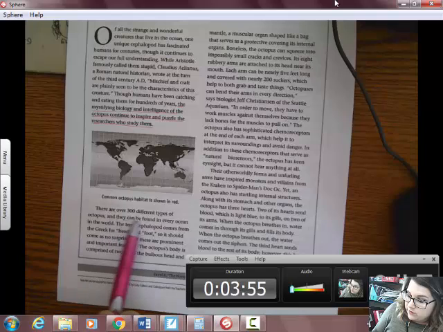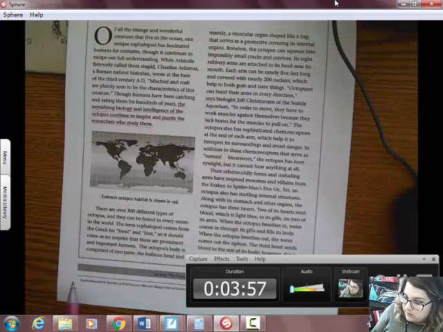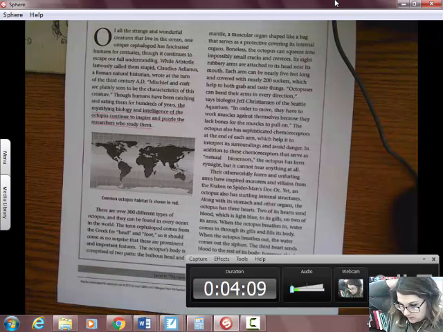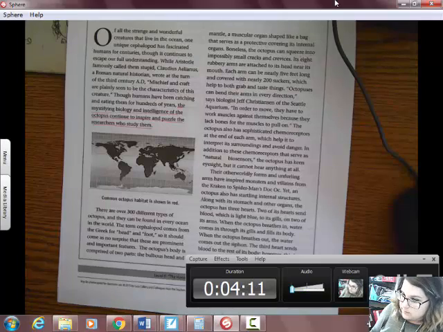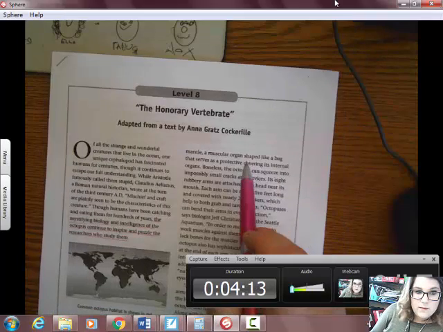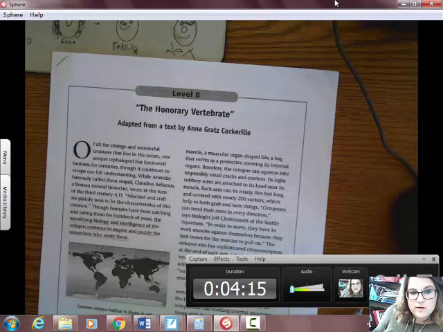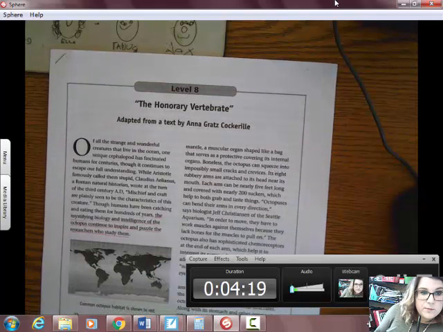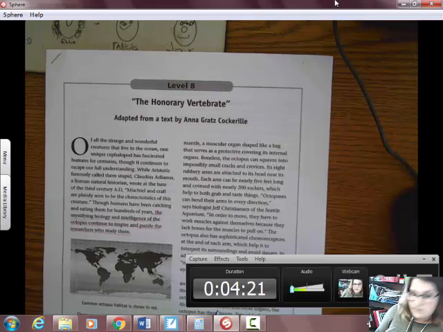There are over 300 types of octopus, and they can be found in every ocean in the world. The term cephalopod comes from the Greek for head and foot, so it should come as no surprise that these are prominent and important features. The octopus's body is comprised of 2 parts, the bulbous head and mantle, a muscular organ shaped like a bag that serves as a protective covering its internal organs.